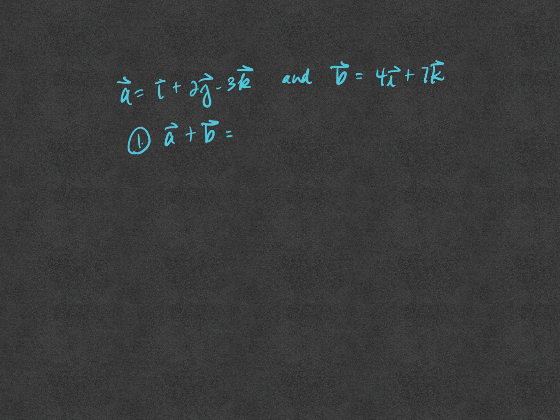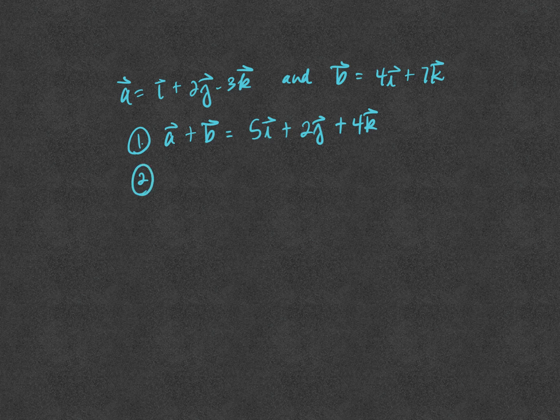So you have 1 vector i plus 4 vector i makes 5 vector i, but we don't say the word vector over and over. And there is no j in the second one, so we just have 2j. And we have minus 3k plus 7k makes plus 4 vector k. So you can see that this works very much like it did before. We could take the time to write out all the steps in between, but we didn't really need to.